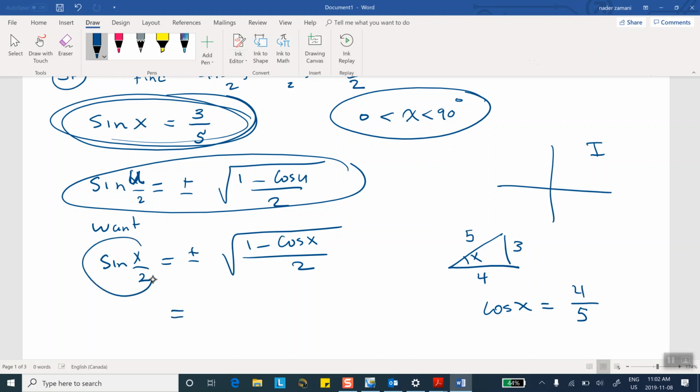And sine of half the angle: x is in the first quadrant, as we agreed, so x over 2 is also in the first quadrant, so the algebraic sign of it is plus.